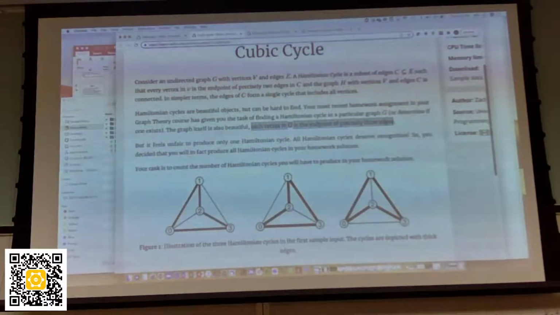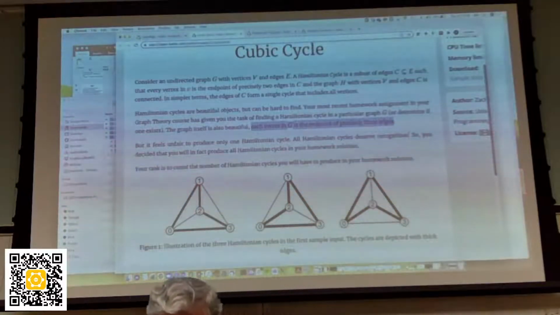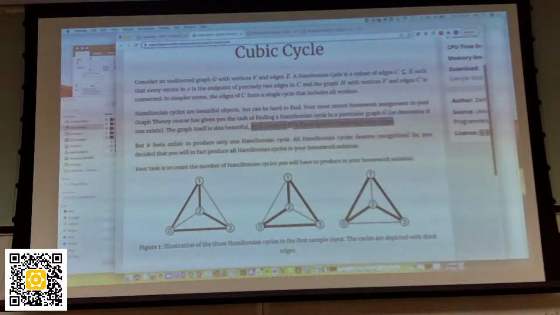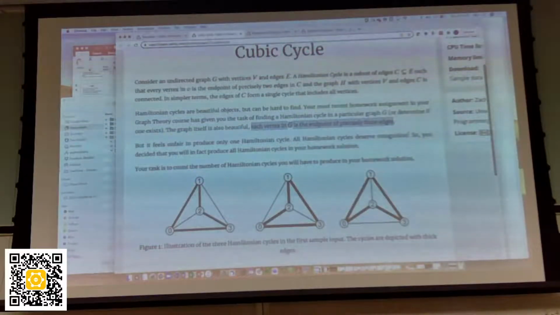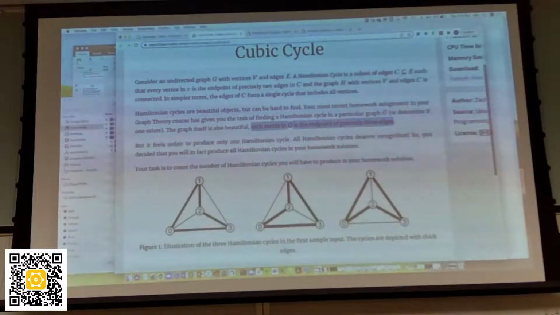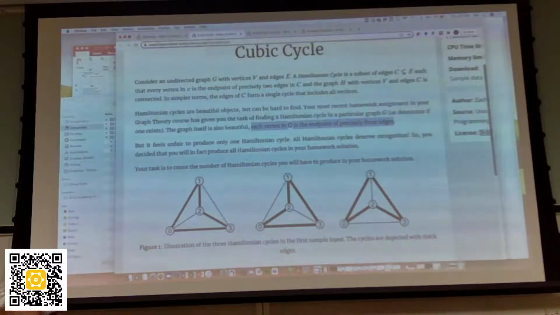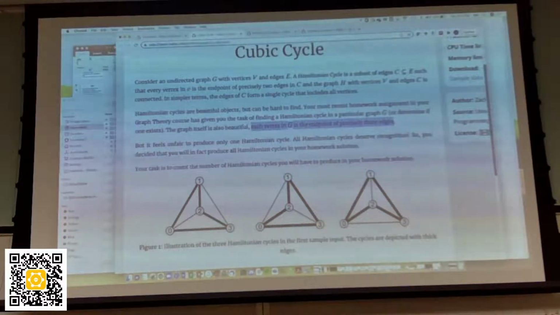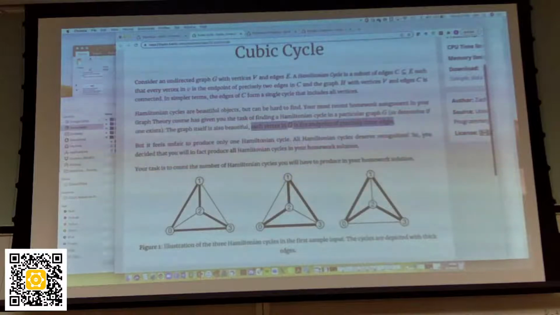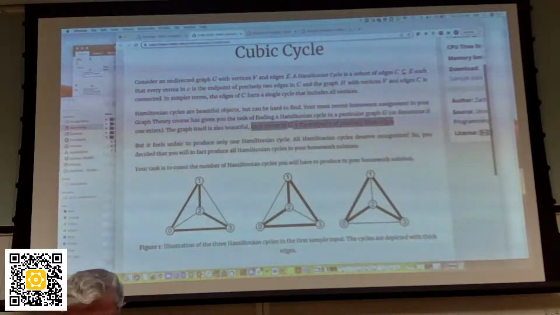Well, first of all, what you need to know is that even figuring out whether a graph has a Hamiltonian cycle or not is an NP-complete problem, which means that you should not look for any efficient algorithms. You should simply jump straight to brute force exponential time search algorithms.